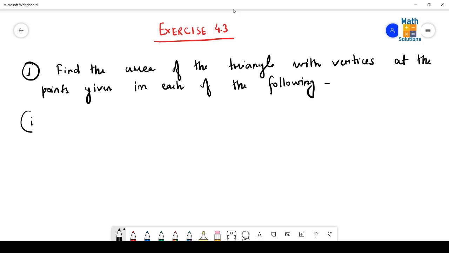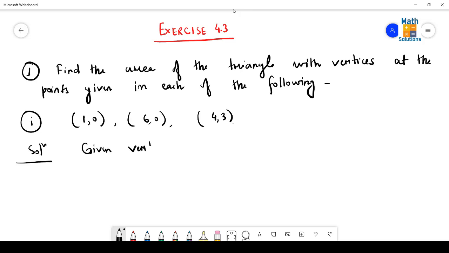First one is (1, 0), (6, 0), (4, 3). So using these vertices we have to find out area of the triangle. We shall be writing here, given vertices are (1, 0), (6, 0), and (4, 3).